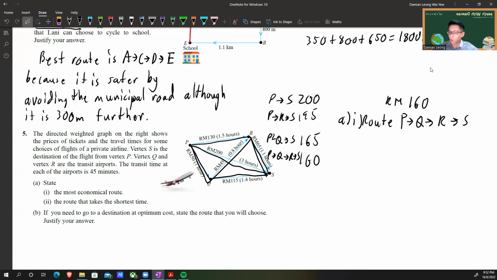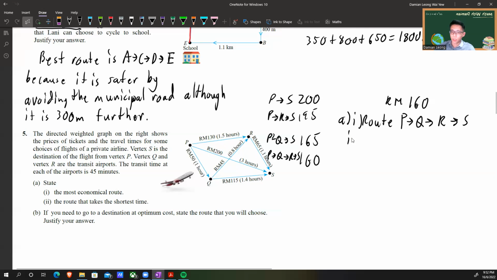If you want to, you can do up a table, you can do up another list. It's okay to do that. Then you can clearly compare between them. If you try to do everything by just looking at the diagram, it's quite easy to get confused. It's quite easy to make mistakes. Please don't worry about writing extra things. It's always good to create your own representation of the data that is given.